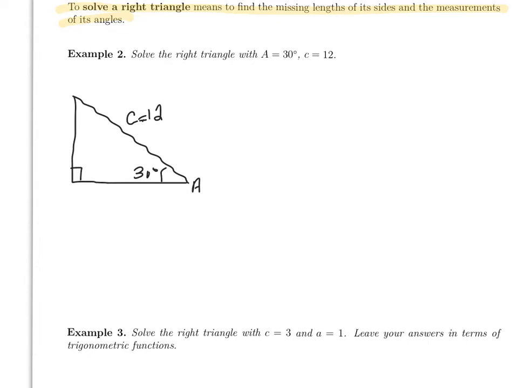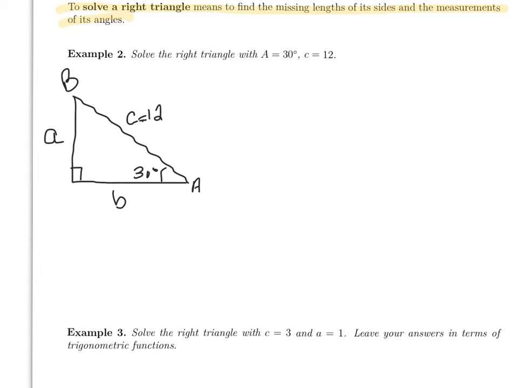Now the key is if I label that angle A, then the side opposite it has to be little a. And then the other angle is capital B, which means the side opposite it is little b. Okay, so we have to find the missing angle and then the missing sides.